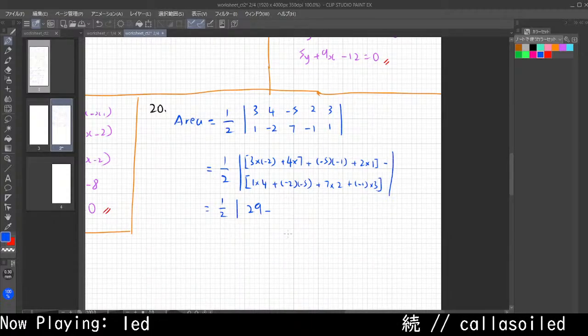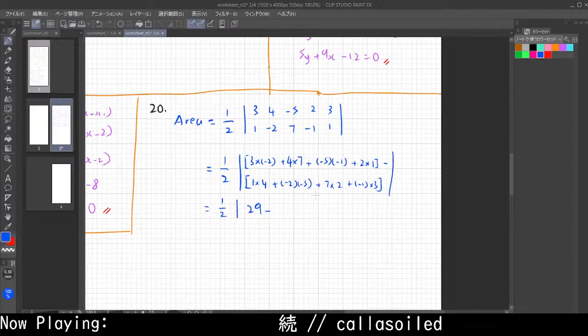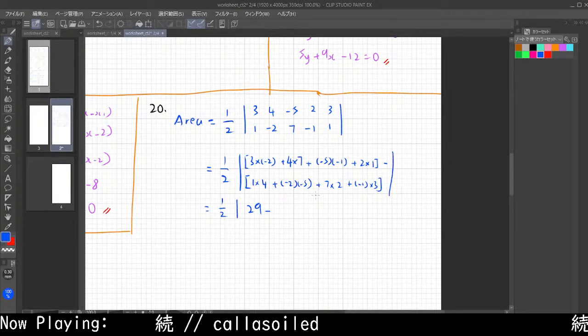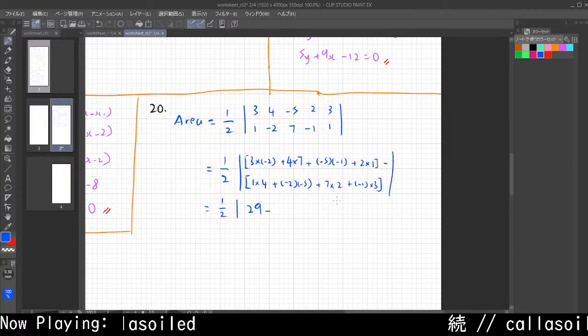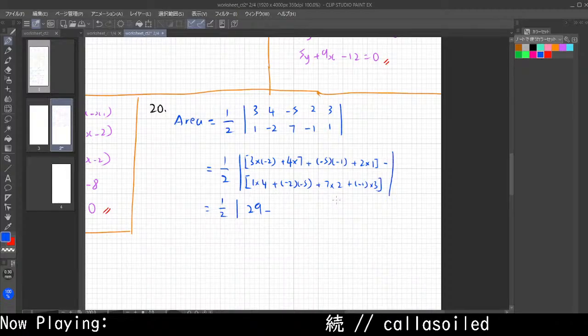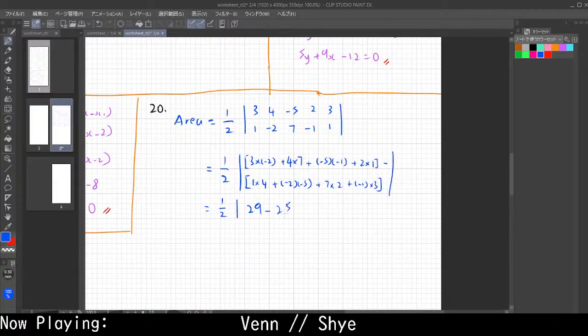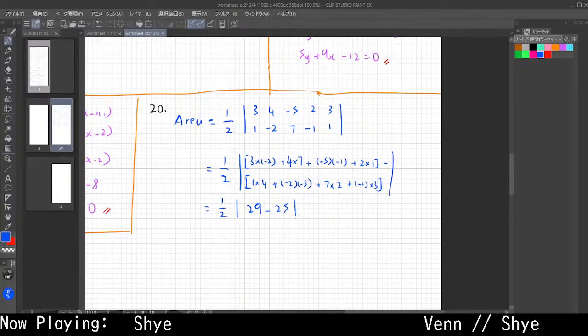If the points themselves have whole numbers, like the questions we saw throughout the workbook and the one I'm doing right now, the most decimal that you'll be getting will be 0.5.